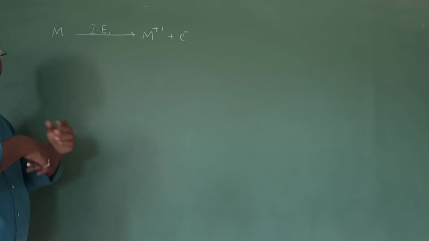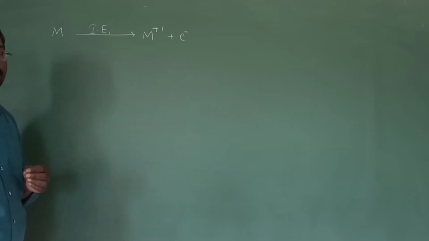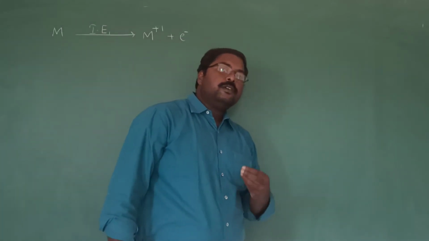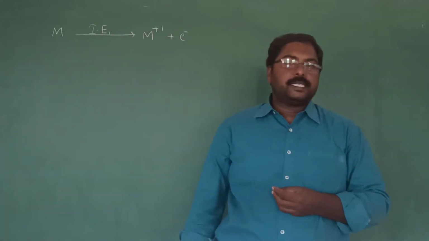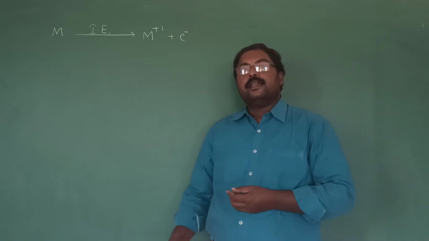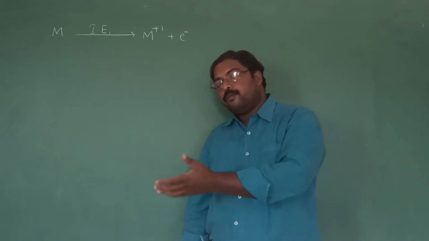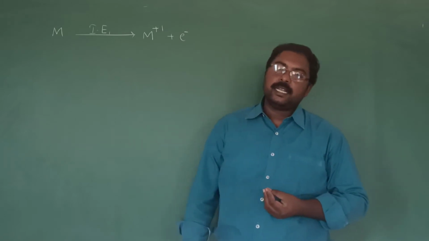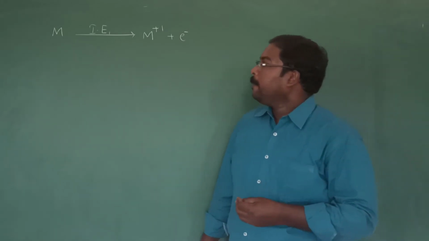There will be some successive ionization energies. For example, if an element has 10 electrons, there will be 10 ionization energies, right? If an element has 15 electrons, then we will have 15 ionization energies.